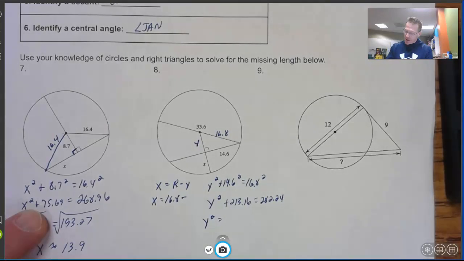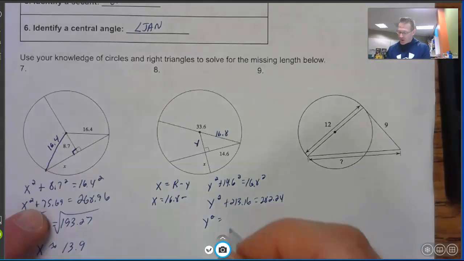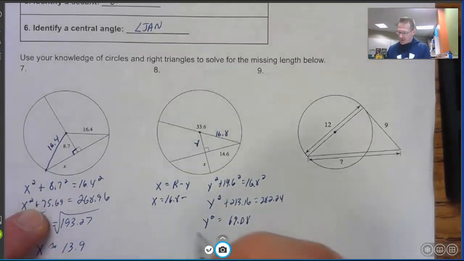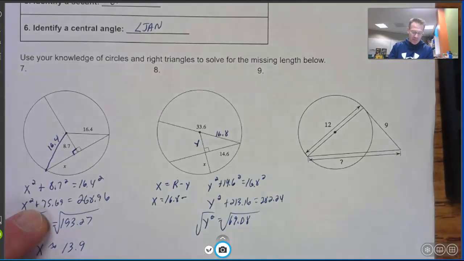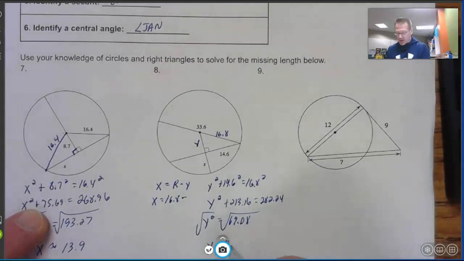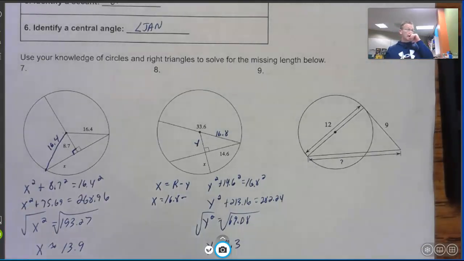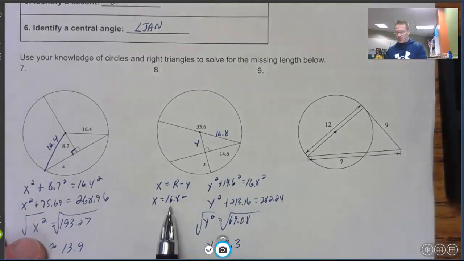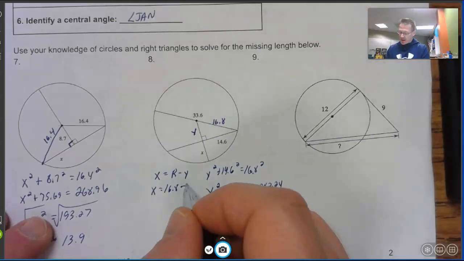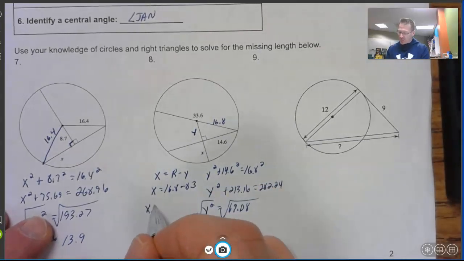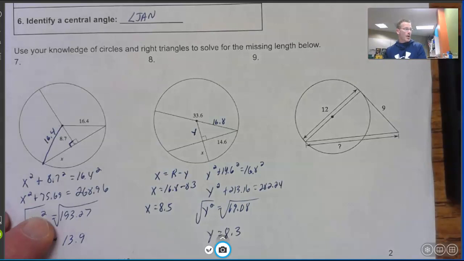That means y squared equals, I hit the wrong key, so let me try that one more time, 282.24 minus 213.16, which is 69.08. Take the square root of all of that, and it tells me that y is about 8.3. We already knew what the radius was, so I can subtract that 8.3 from 16.8, and that tells me x is about 8.5.